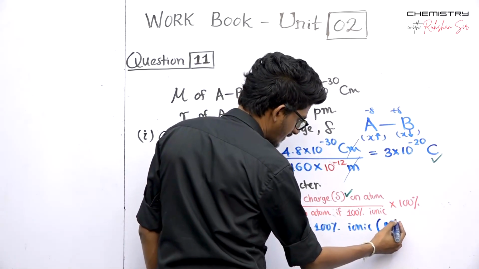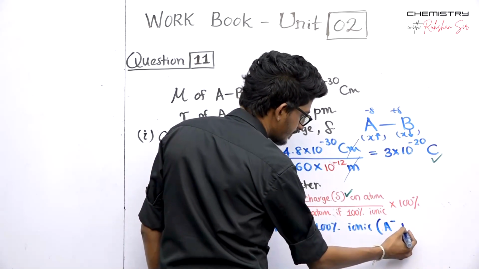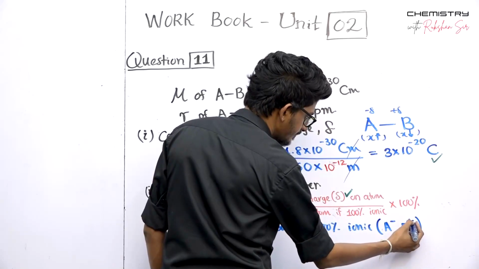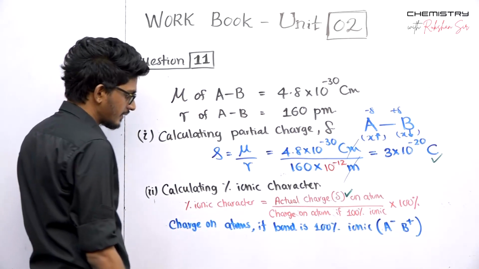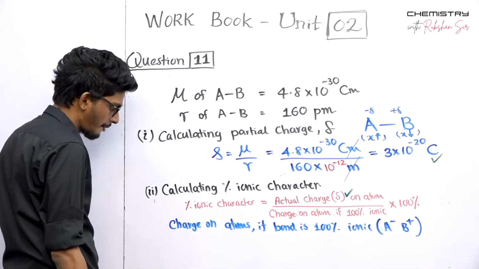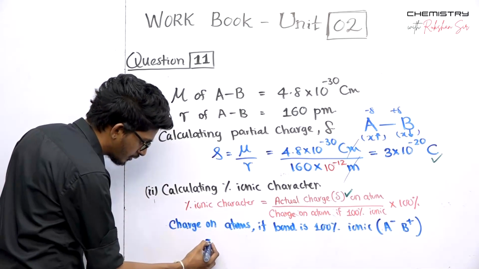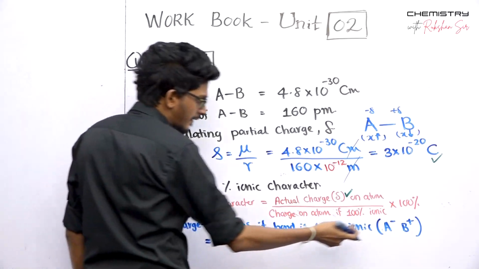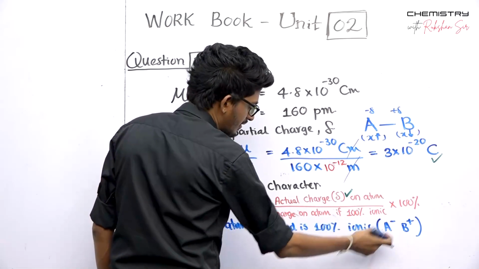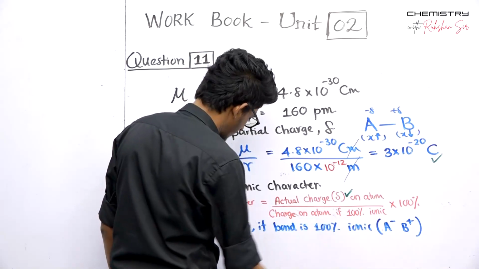That means if the bond is like this, see, then that is equal to 1 unit of simplest charge unit, 1 unit of charge.